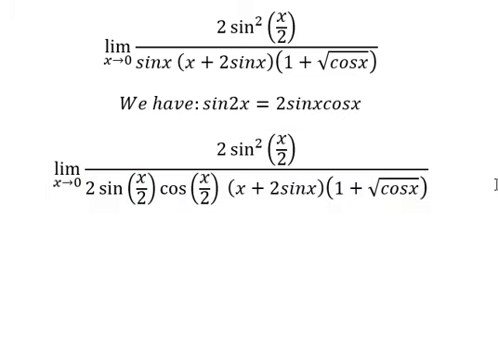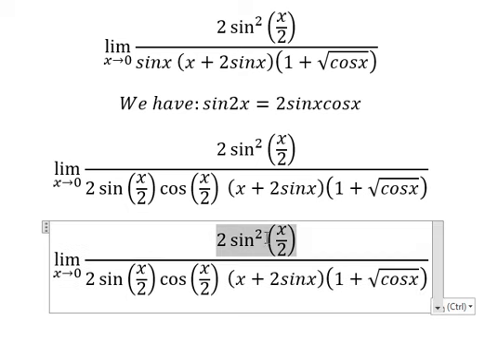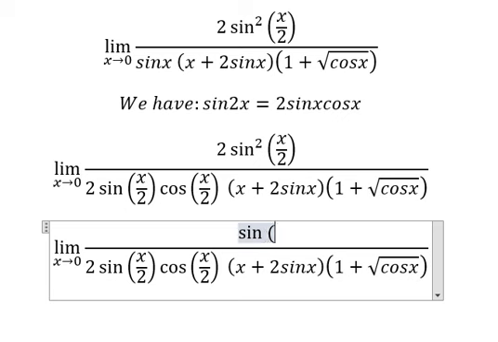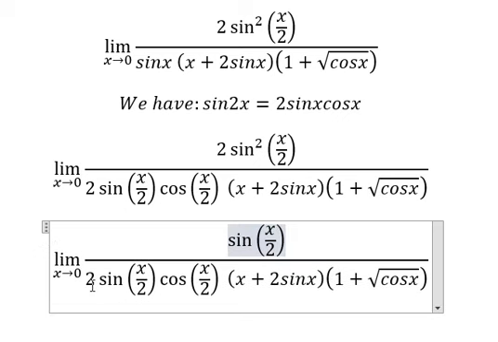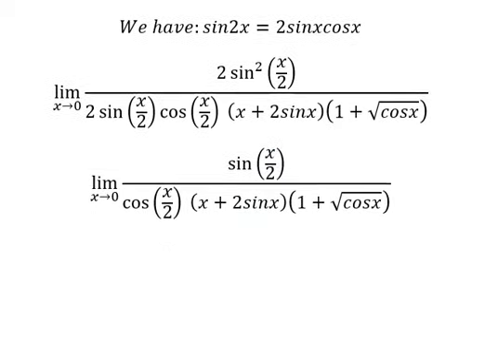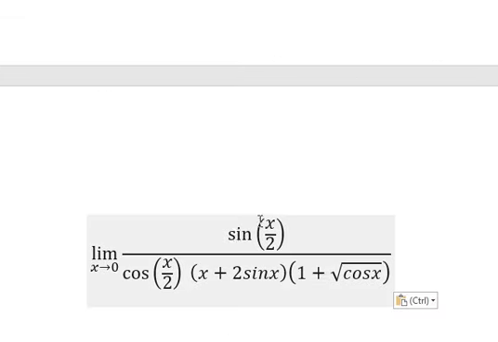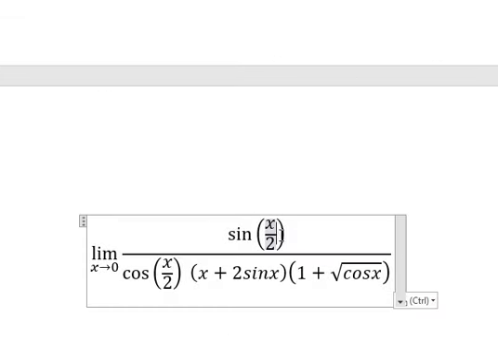Next, we need to simplify 2 sine of x over 2 on the numerator and denominator. Next, we divide by sine of x over 2.